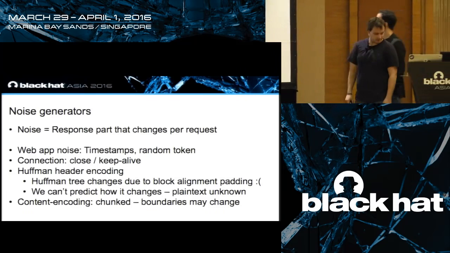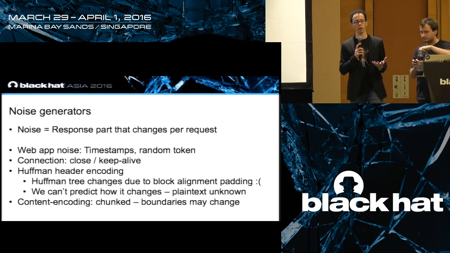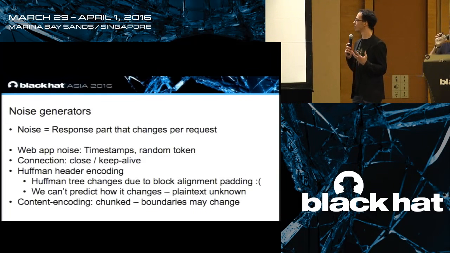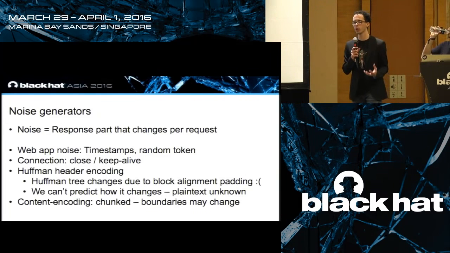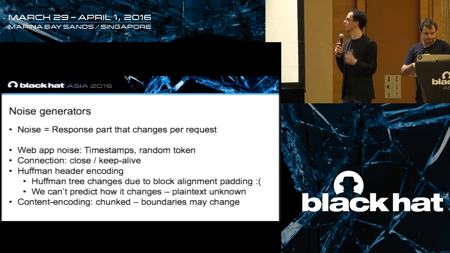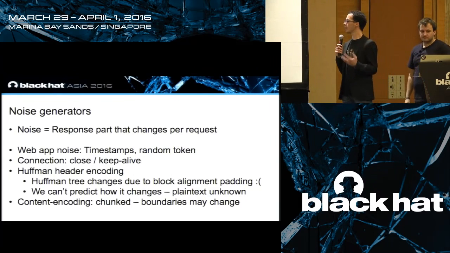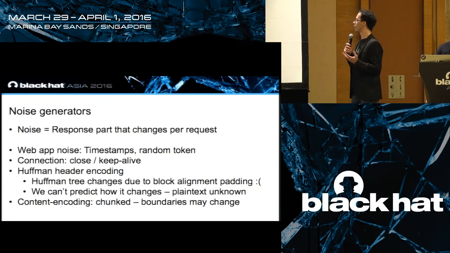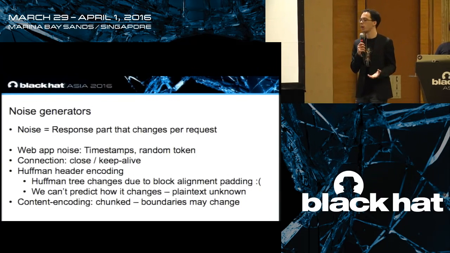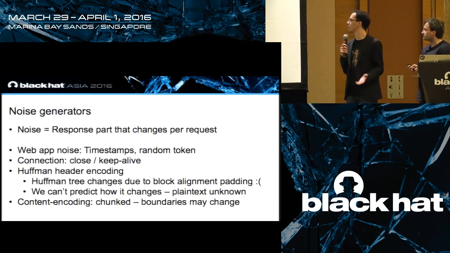Noises? Okay. So in our experiments, we actually used 0 noise because we had an endpoint that we could control. So the plain text response body actually contained 0 noise. But the problem is that even this is not enough. There are some noises that we can't predict. Such noise can be found in the HTTP header.